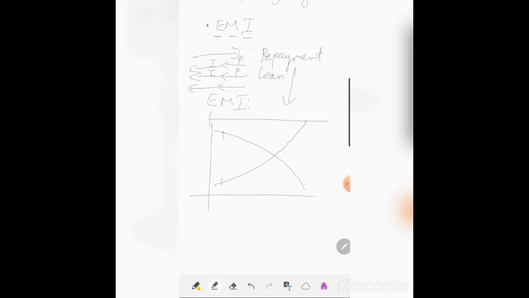As far as these cash flows are concerned, it is very important for us to understand whether they are fixed or variable, certain or uncertain, in amounts as well as timing.